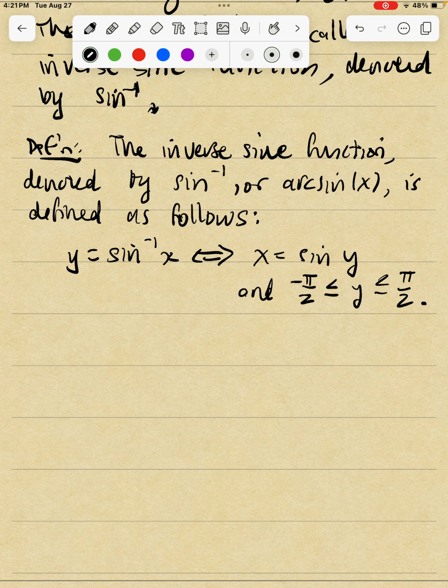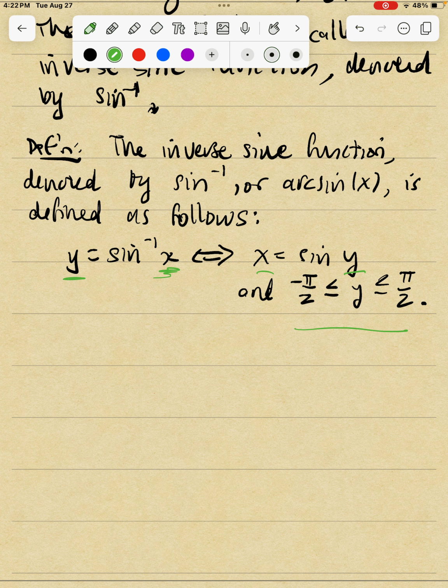So what this is saying is, when you plug an x into the arc sine function, what is the y value? The y value is defined by the property that y is between negative pi over 2 and pi over 2, so it's a number between negative pi over 2 and pi over 2 with the property that x is equal to sine of y.